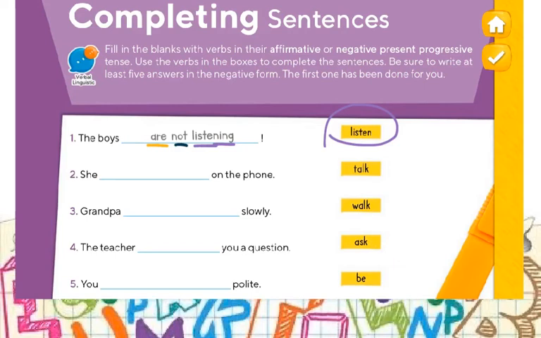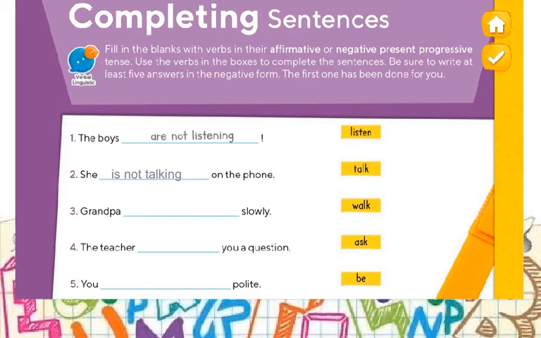Now let's do number 2. She, and we have the verb talk. Okay? She is not talking on the phone. There you have it.